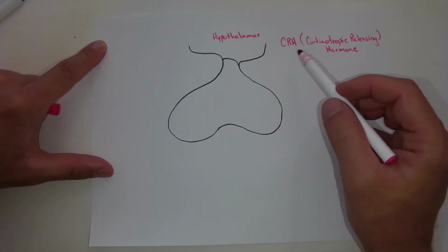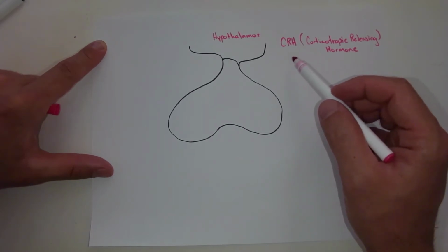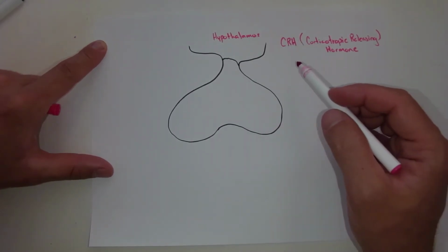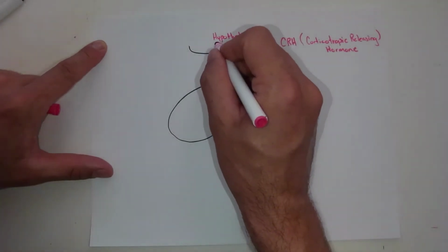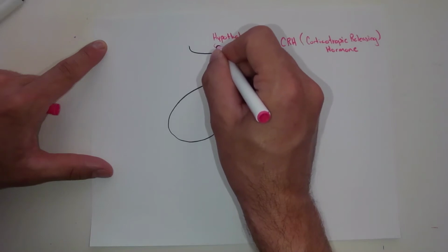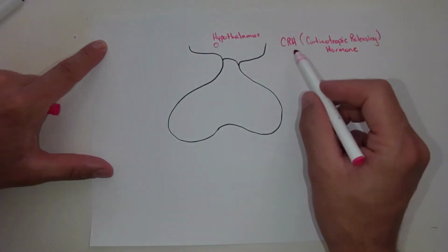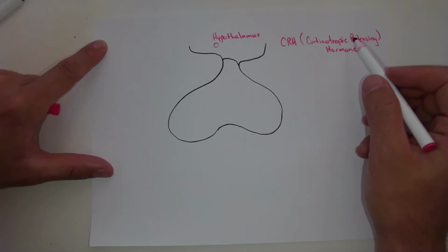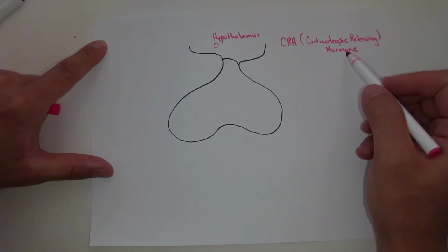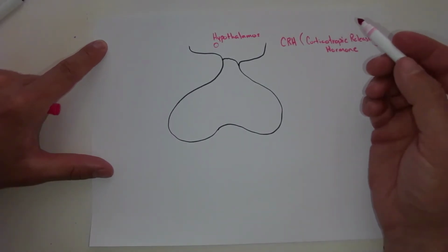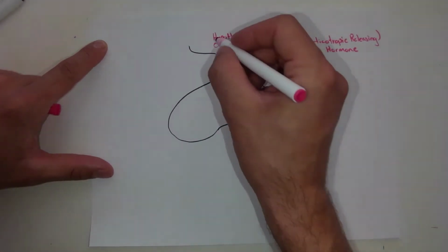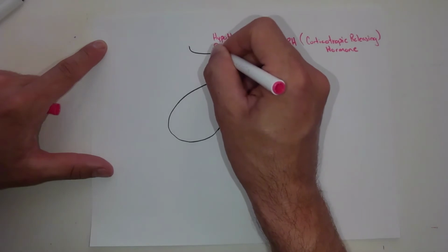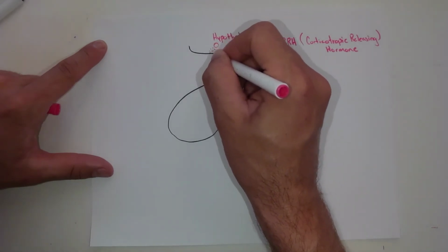So I know the name and the organ that produces it, hypothalamus. And the name of the cell that will produce CRH is going to just be corticotropic releasing hormone producing cells of the hypothalamus. We're going to name them after what they make.